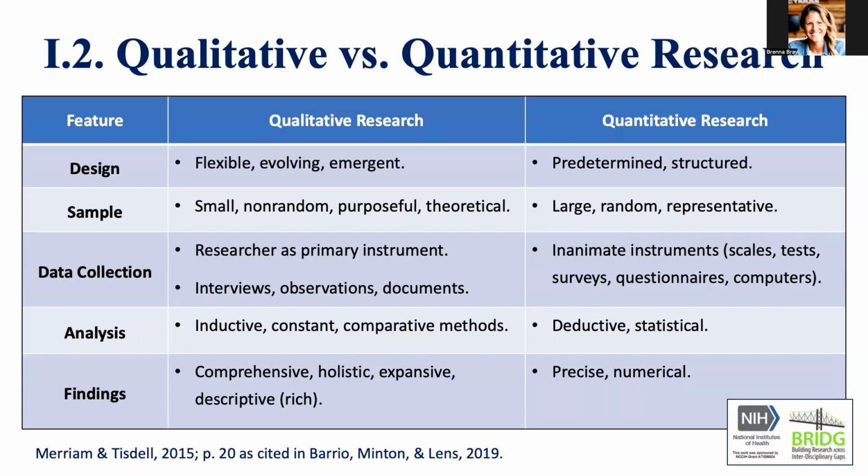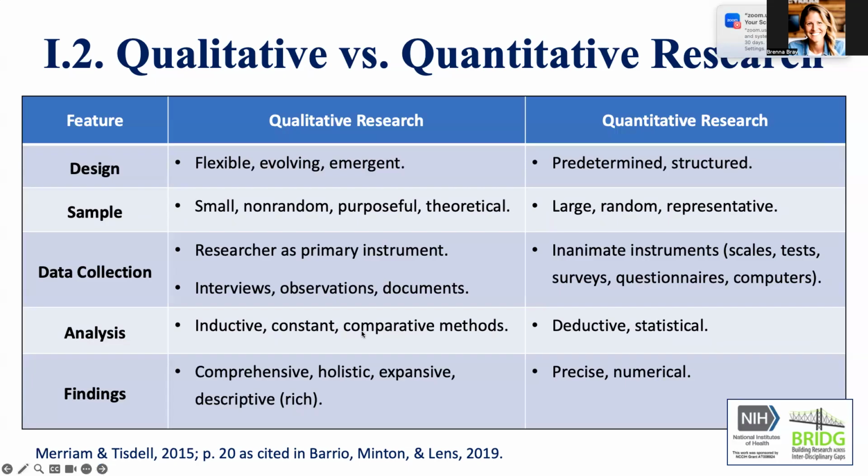In terms of data collection, in quantitative research we tend to use inanimate instruments, so non-living instruments: scales, tests, surveys, questionnaires, computers, really objective instruments. In qualitative research, as we addressed, usually the researcher is the primary instrument for data collection. So our data collection instruments tend to be things like interviews, observations, and documents.